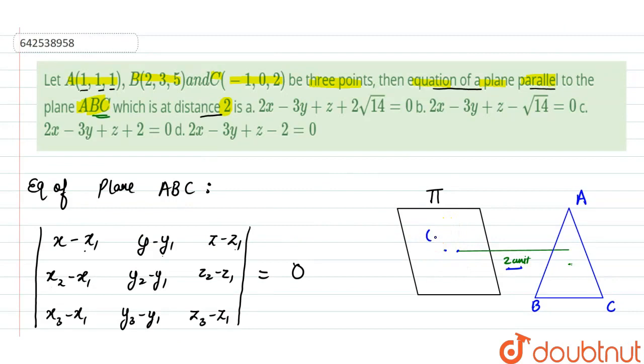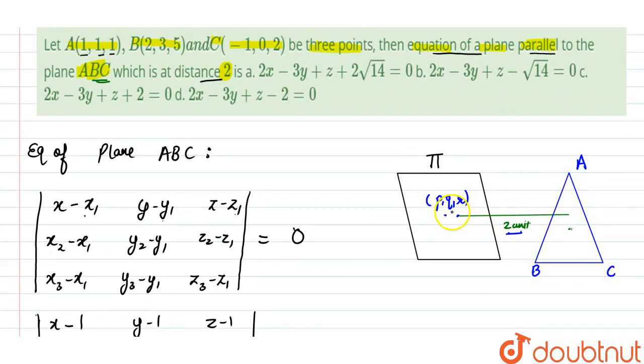Let's say this point is denoted as PQR. So this point must have a minimum distance to the triangle ABC, that is, the plane ABC. So we know how to find the distance of a point from a plane.